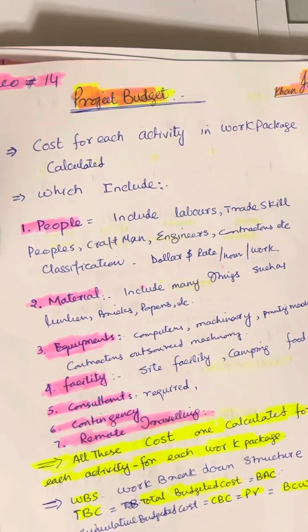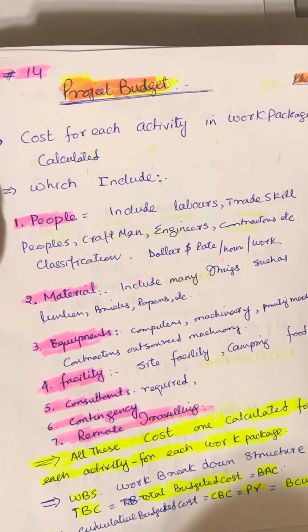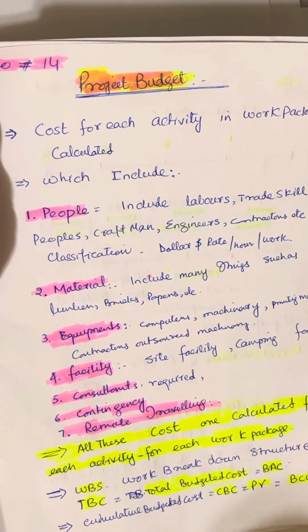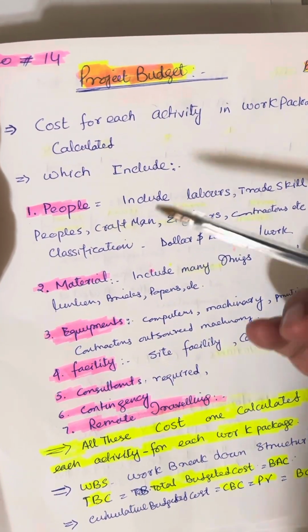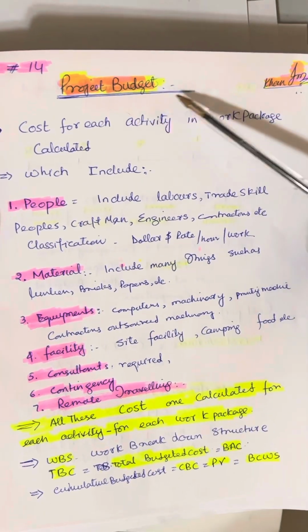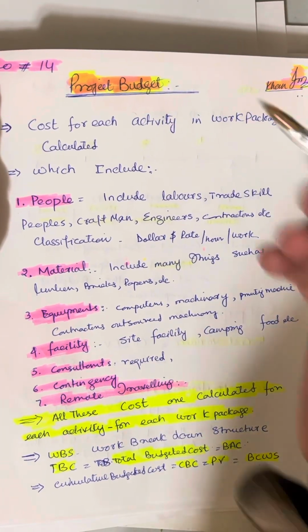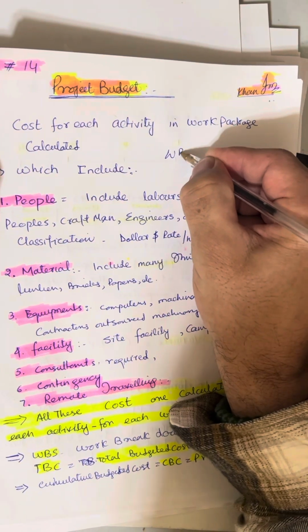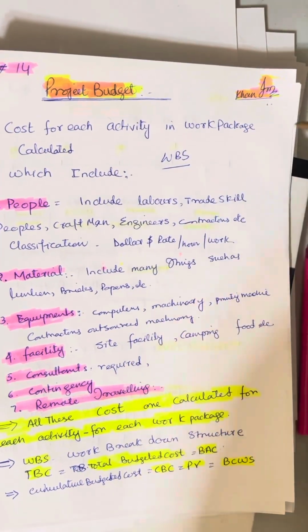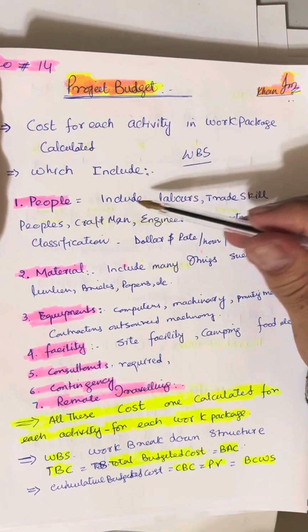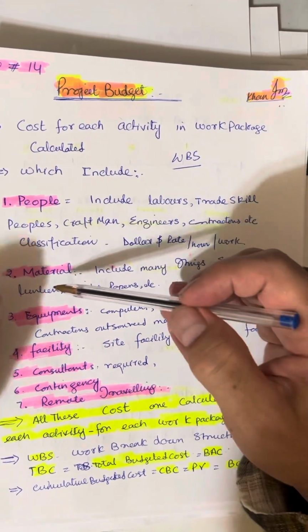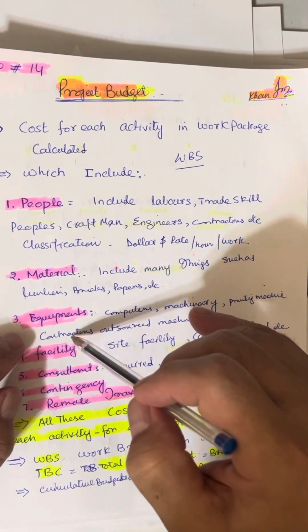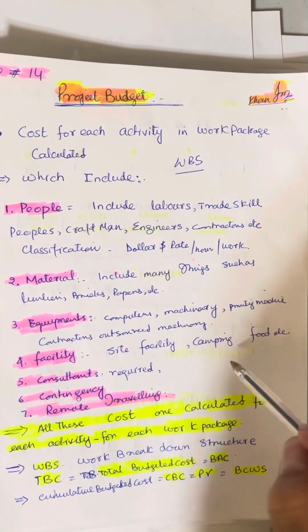In the next video I will show you how to calculate the budget for the work packages in my project, and then you will understand how we do it. What we covered today is that to part the project budget, we use the work breakdown structure, and then for each activity in the work package we calculate the cost of the people who work, the material, the equipment and facility.